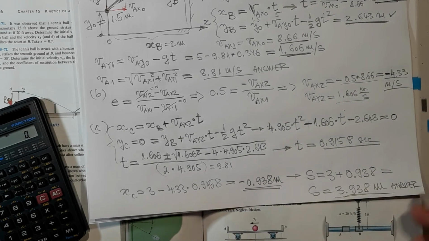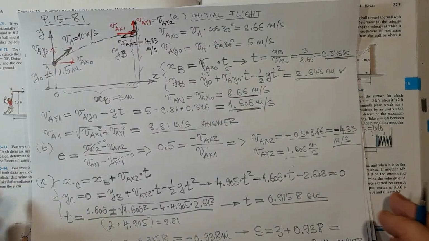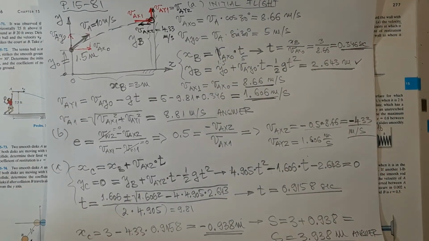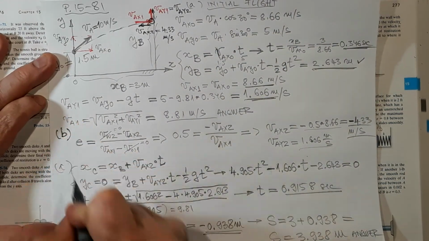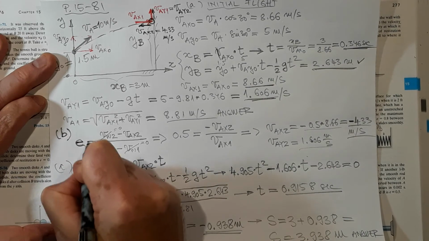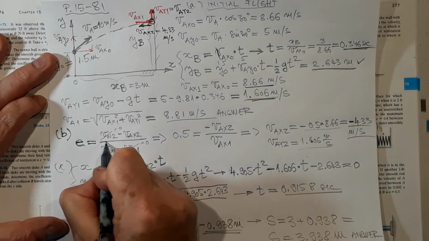I would emphasize again the essential part for B, the actual impact: you use just the coefficient of restitution.